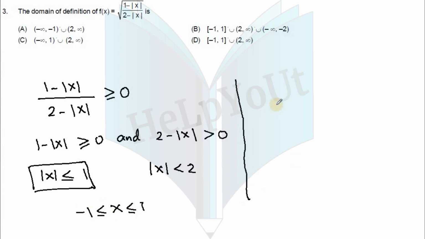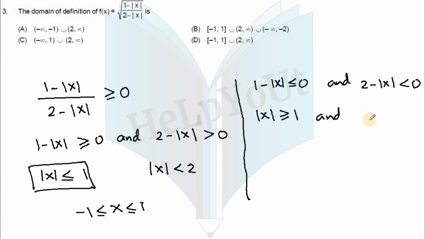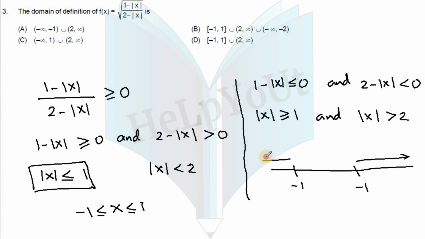And for the other part, when both are less than 0, so 1 minus absolute value of x is less than or equal to 0, and 2 minus absolute value of x is strictly less than 0. Same way, it is not equal to 0, so absolute value of x is greater than or equal to 1 and absolute value of x is greater than 2. So which one is smaller, greater than 1 or greater than 2? See, if we take greater than 1, then this part is minus 1 to 1, and we have to go outside of this part.